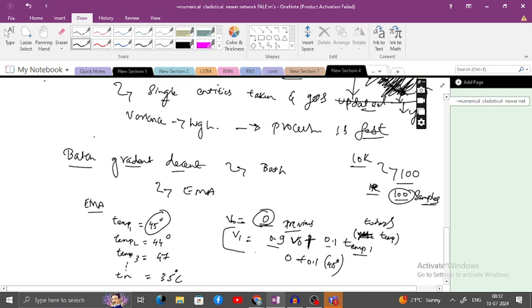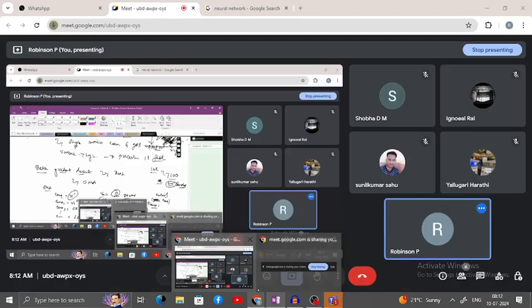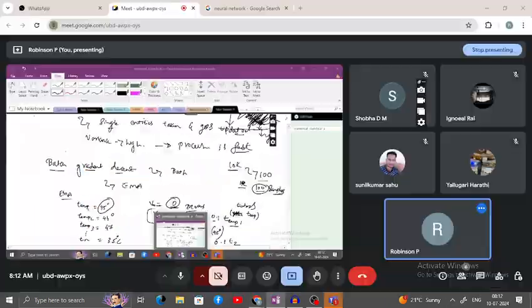So you are going to get something. Similarly, if you continue the same way, what is V2? 0.9 into V1 plus 0.1 into temp 2. Are you getting what I am saying?